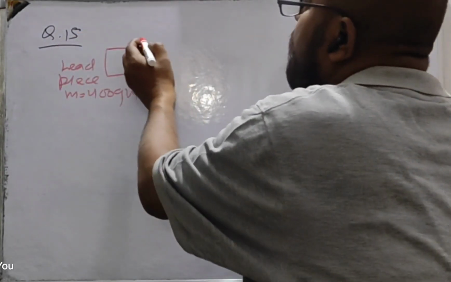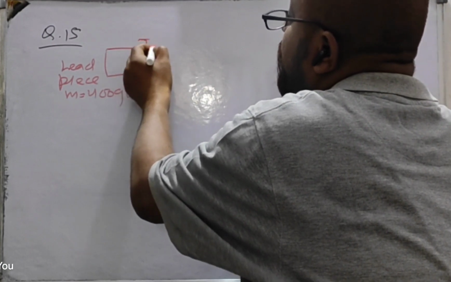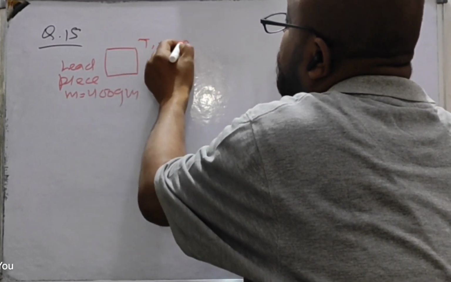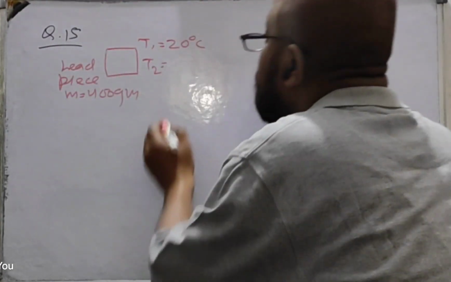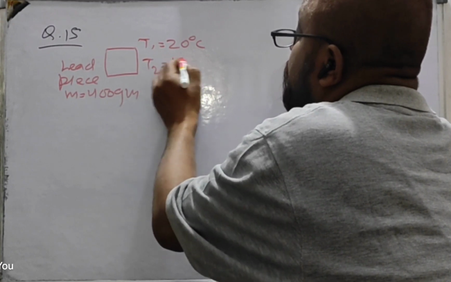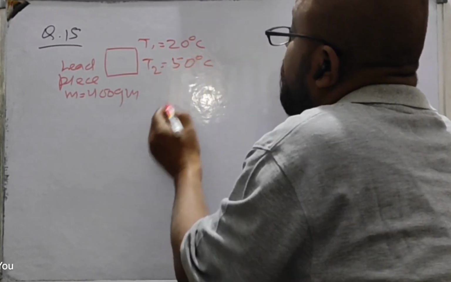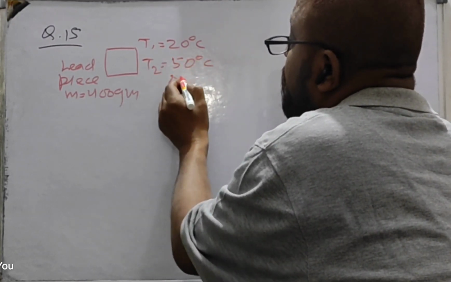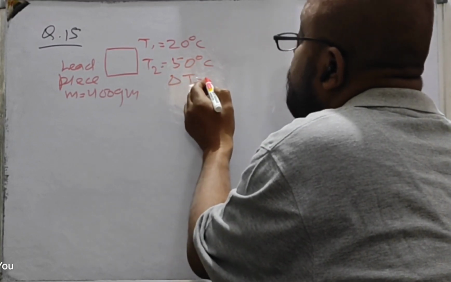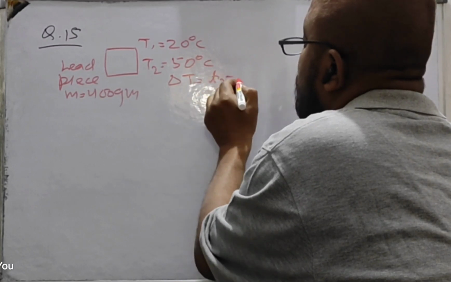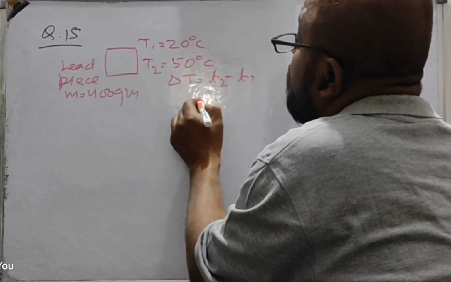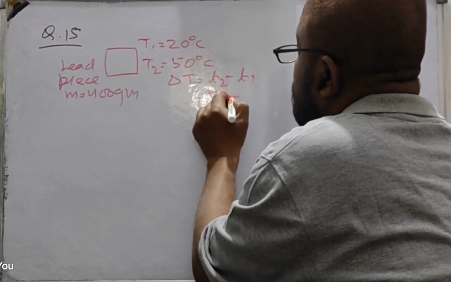T1 is 20 degrees Celsius, T2 is 50 degrees Celsius, and delta T is T2 minus T1.